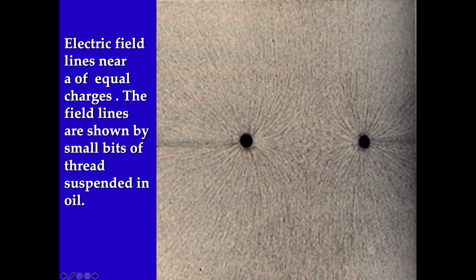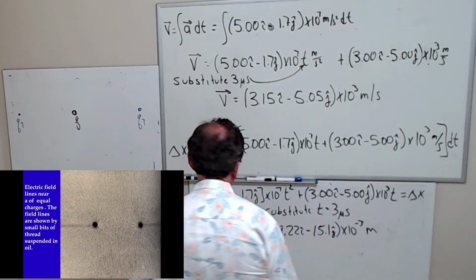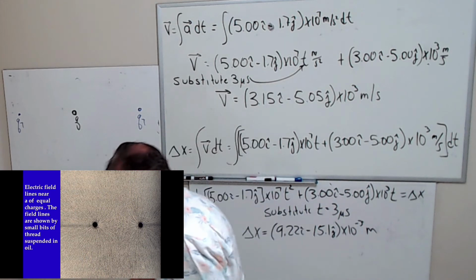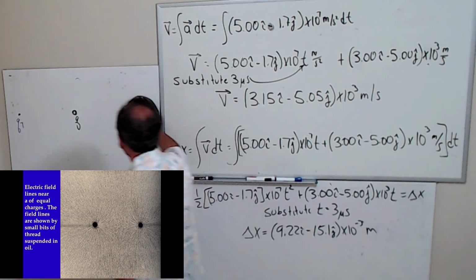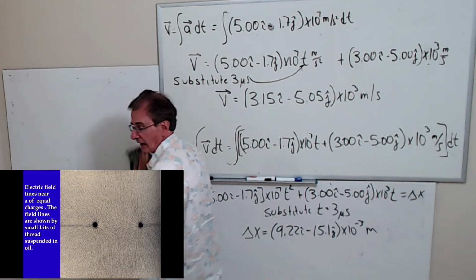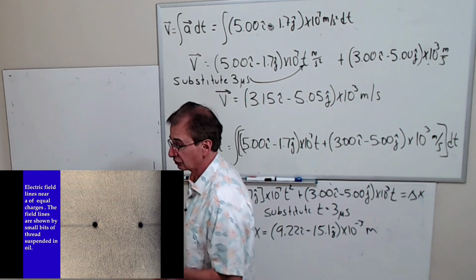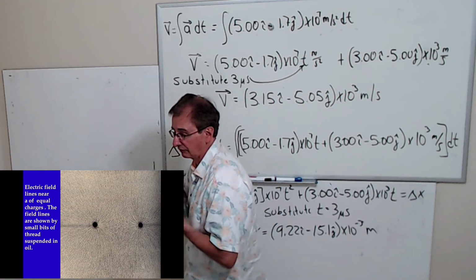Okay, so let me kind of show you a picture what that means. So if I were to draw the field lines for that system, I would draw two positive charges. And let's say they have equal value. So if they have equal value, the two positive charges, then I have to draw the same number of lines leaving each charge.